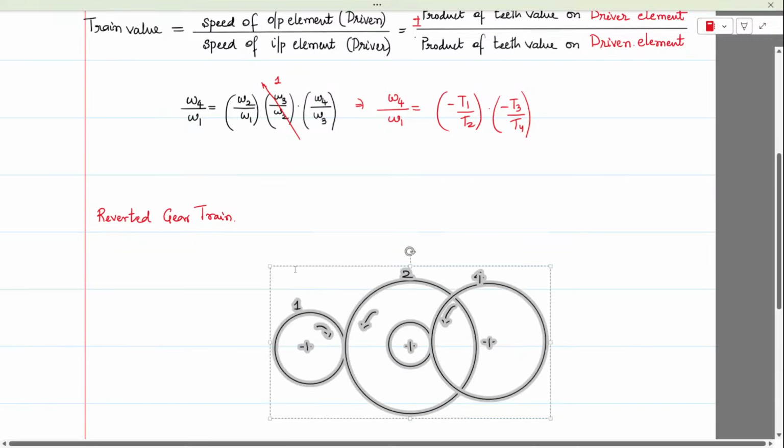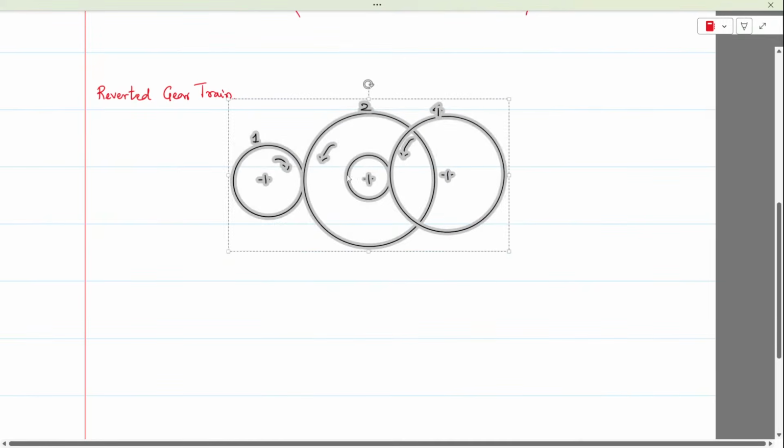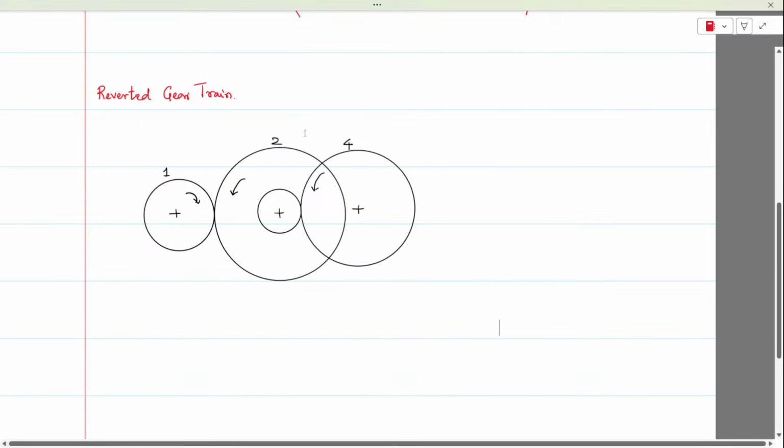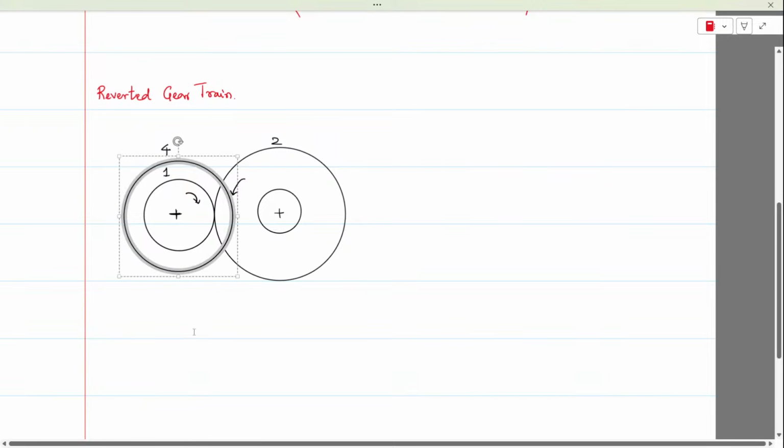So in the reverted gear train, gear number 4 will be concentric with 1, but they will not be compounded. It is 2 and 3 which is compounded, but gear 4 is not at all compounded. Gear 4 will be in mesh with 3. Remember that. Gear 4 will be in mesh with 3, but gear 4 will be coaxial with 1.